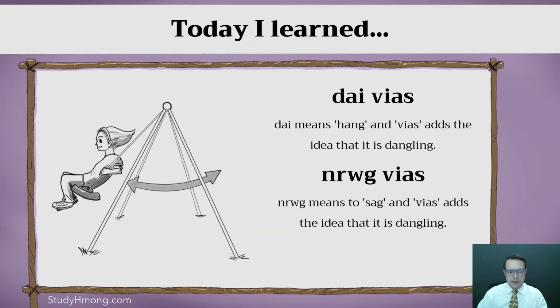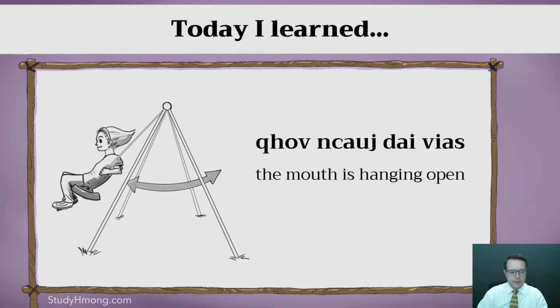So ndu via means to sag and dangle down. I ran across this one printed. I thought you might like it. The mouth is hanging open, just gaping wide open. So have fun trying to put that into use.